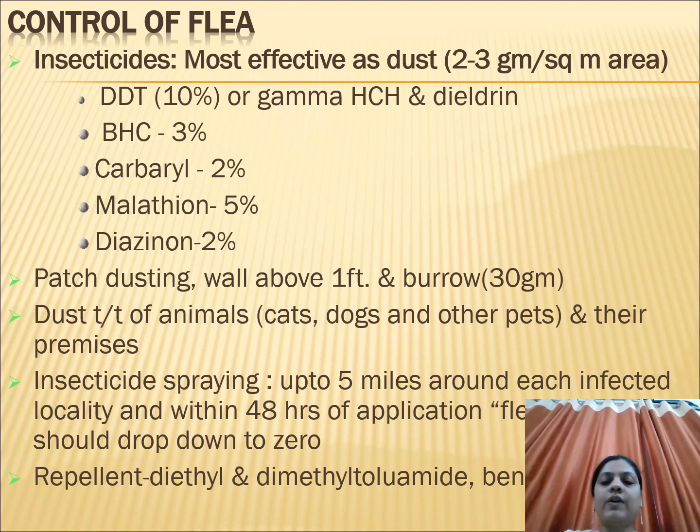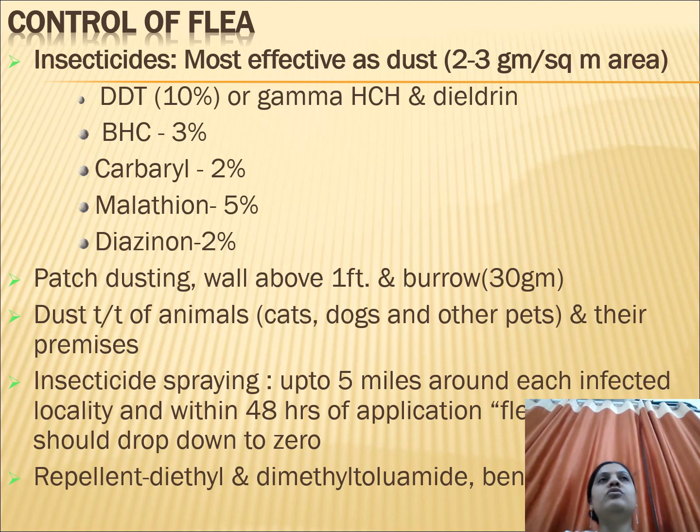Insecticide spraying up to 5 miles around each infected locality, and within 48 hours of application, the flea index should drop down to 0. Repellent which we can use is diethyl and dimethyl toluamide, DEET.